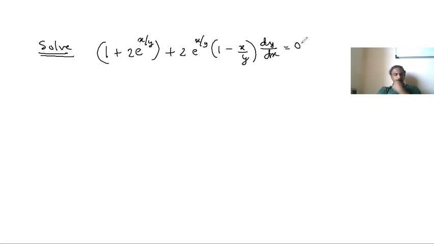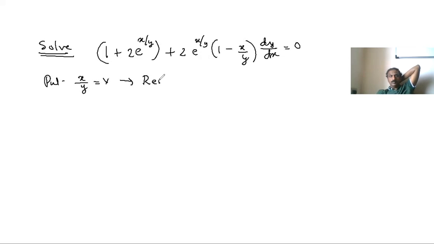Now, since x upon y is the function here, it is easy for us to put x upon y as v. Suppose I had put y upon x as v, it would become 1 by v, and then this would become very difficult for me to integrate. So here, since the function is x upon y everywhere, I will put x upon y as v. Now x becomes the dependent variable, and y becomes the independent variable.